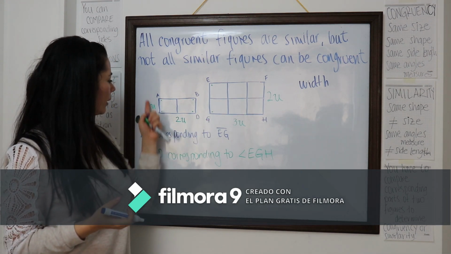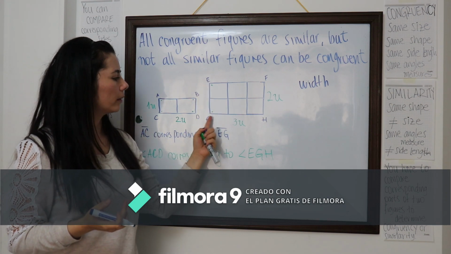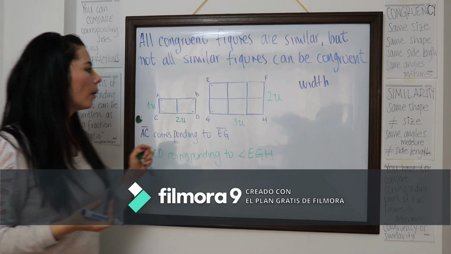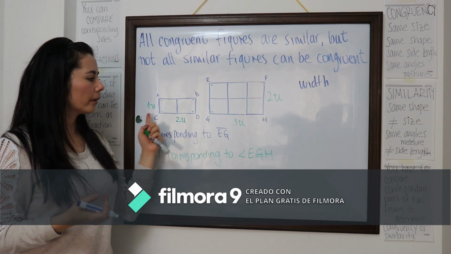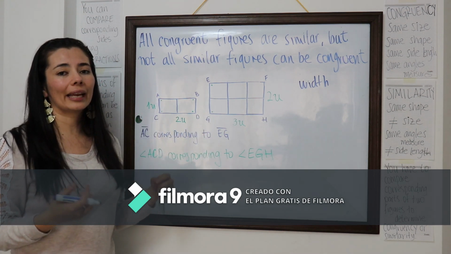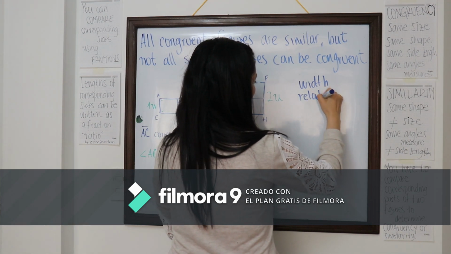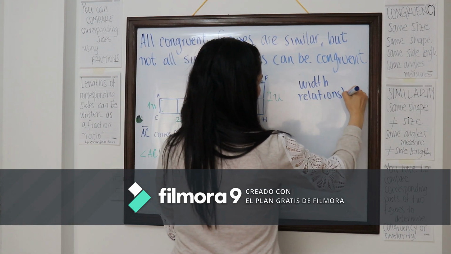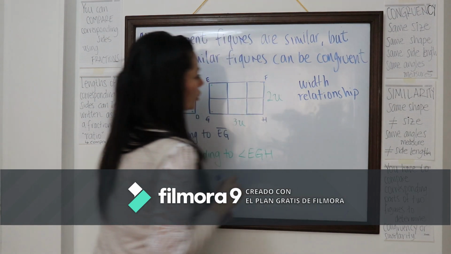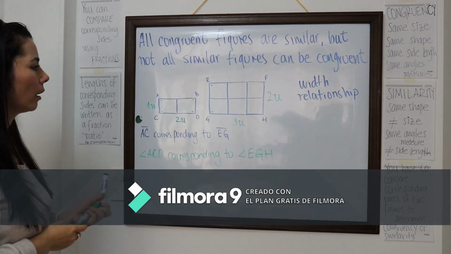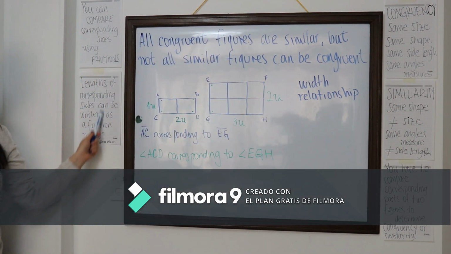So I can compare them, so I can actually get a relation between those. So the width relationship, it's going to be what? We can actually work it out as a fraction.